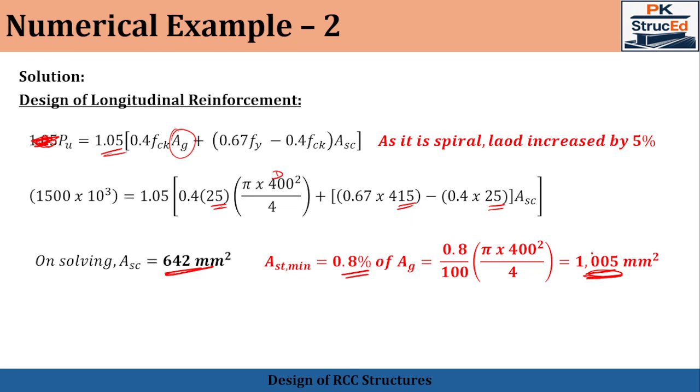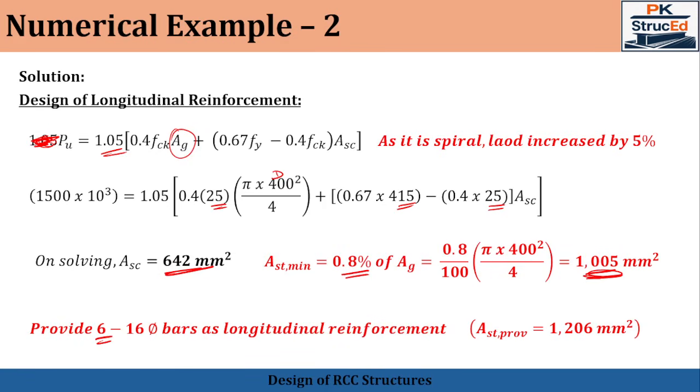So that is why we'll be providing the minimum reinforcement, and since it is a circular column, we need to provide a minimum of 6 numbers. So 6 numbers of 16 mm dia bars are provided as the longitudinal reinforcement, which provides an Asc, sorry, it should be Asc, the compression reinforcement. So Asc provided will be 1206, which is more than the minimum requirement.